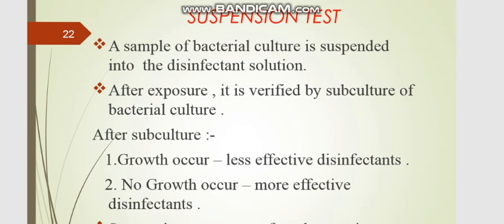If growth occurs, it means the disinfectant is less effective, and if no growth occurs, it means the disinfectant is more effective. This test is preferred compared to the carrier test because the bacterial cells will be in continuous, uniform contact with the disinfectant.